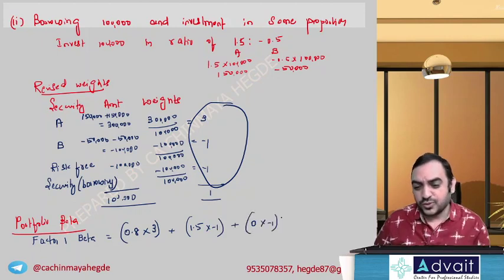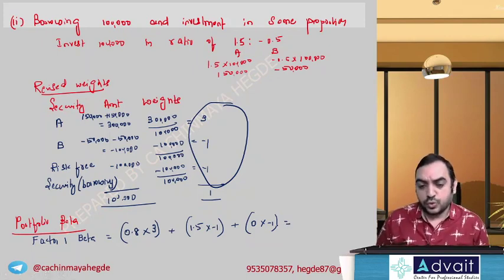That one is anyway 0, so you can ignore it. So 0.8 into 3 is 2.4, and 2.4 minus 1.5, 0.9 you get.